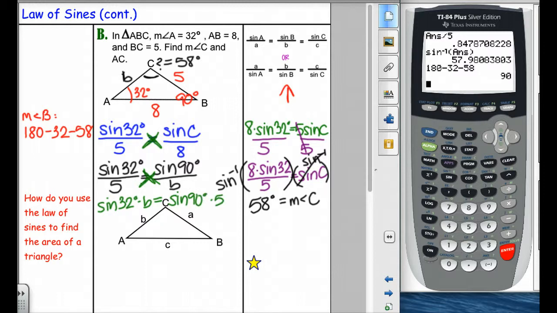So then I divide by the sine of 32. And that'll give me my answer.